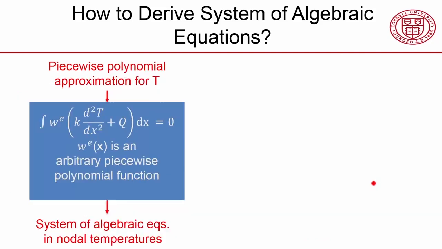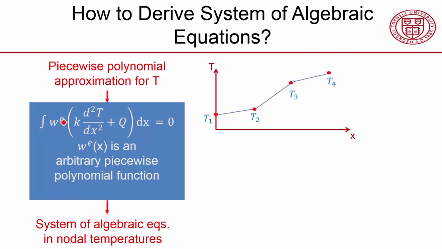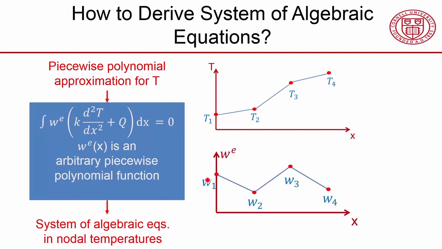Okay, so to summarize then, we have the weighted integral form, the weak form as it's called, but with a particular shape of W. So our temperature over here is this shape. Our weight is of this shape, and you can see it's the same kind of shape.